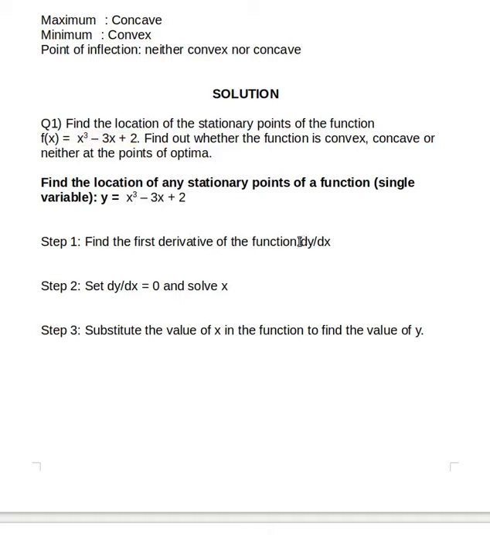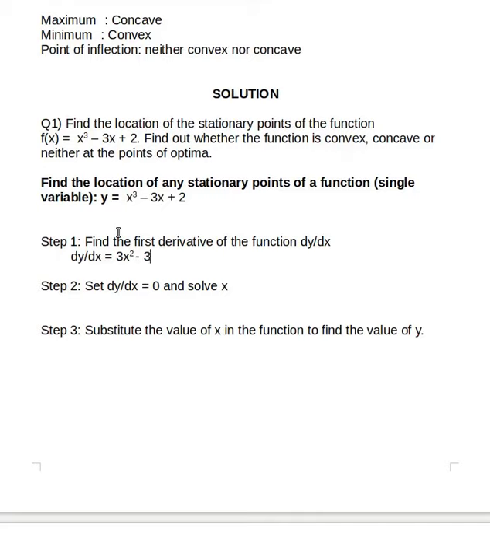So we have to find the first derivative of this, that is dy by dx equal to 3x square, since x cube becomes 3x square, and 3x becomes 3.